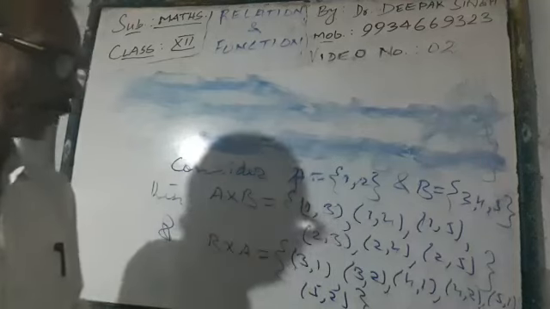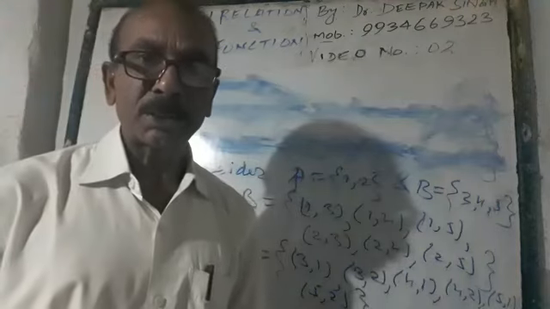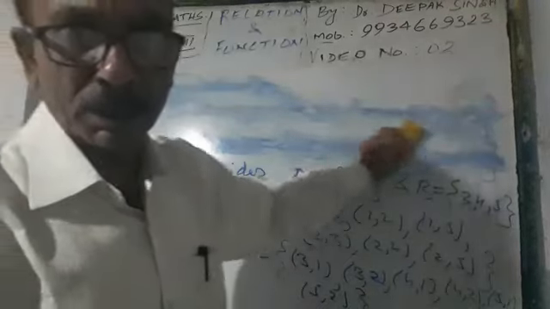So (1,3) and (3,1) are not equal, (1,2) and (2,1) are not equal. You may be watching like that. That is why we say that A cross B is not equal to B cross A. So in general, A cross B and B cross A are not equal.